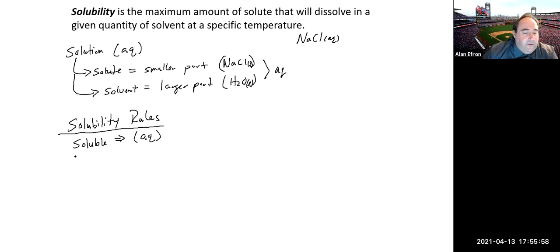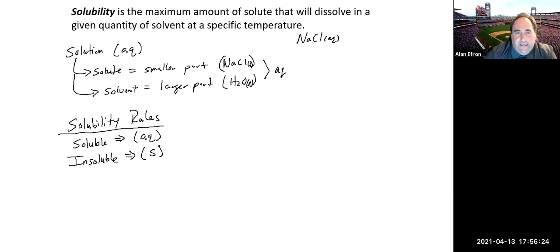If you look at the solubility rules and it says this combination is insoluble, that means that when you mix those together, you would expect some type of solid to form, and those would get the solid symbol next to it, or a precipitate to form. Any questions on that there?